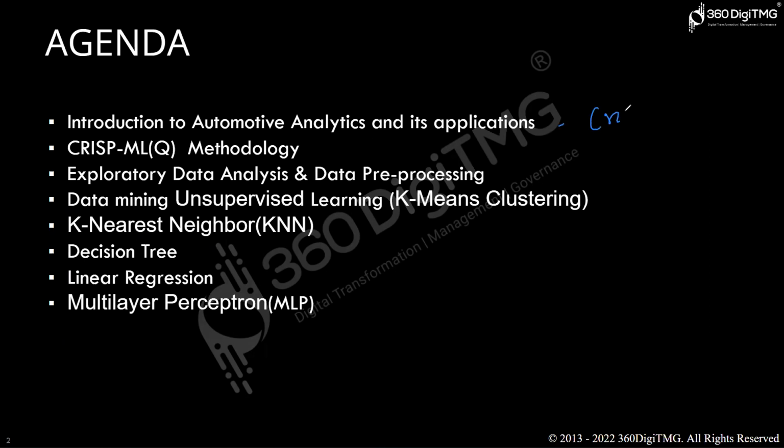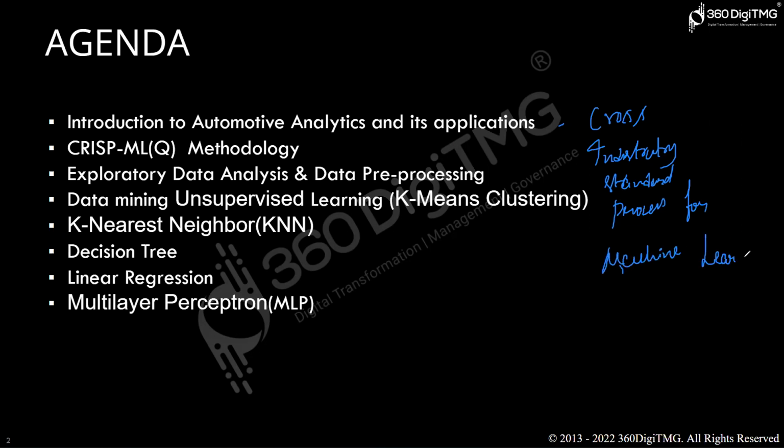So C stands for Cross Industry, Process for Machine Learning Quality Assurance. Okay, this is what CRISP MLQ stands for, guys. This is key.